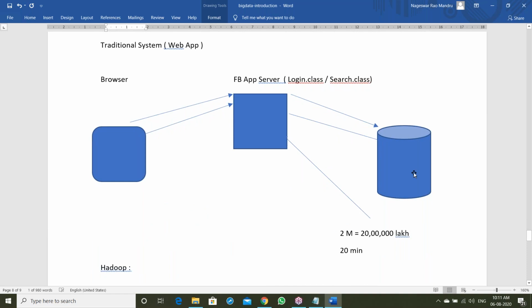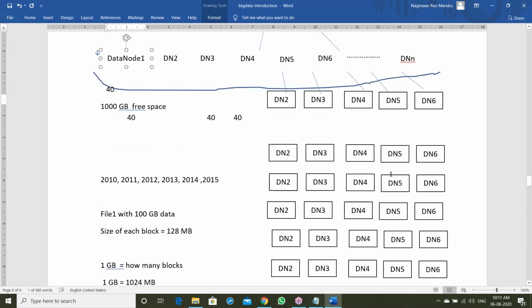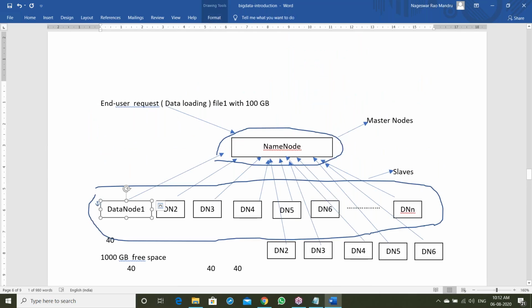What happens in a traditional system? Only one server has to process the data, so the time taken is high. Suppose in Hadoop also the whole data is stored on one node. Then only one node has to process the data, the same as a traditional system. There would be no difference between Hadoop and a traditional system. So Hadoop never does that.